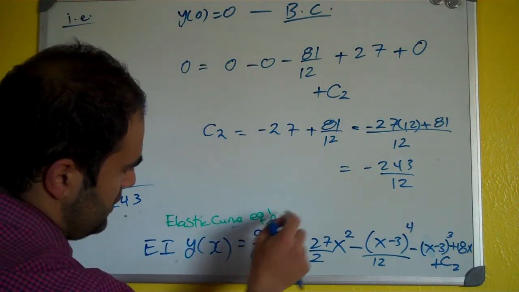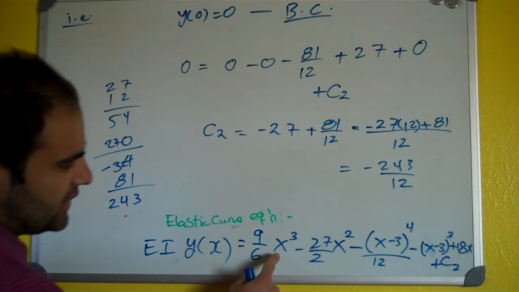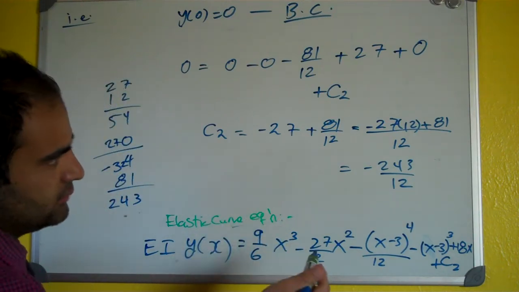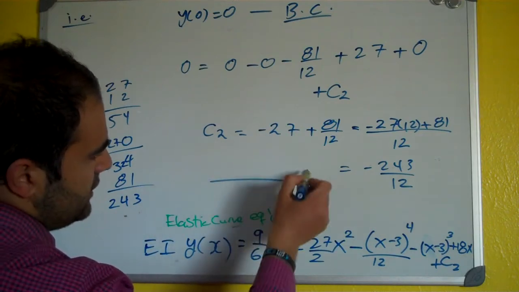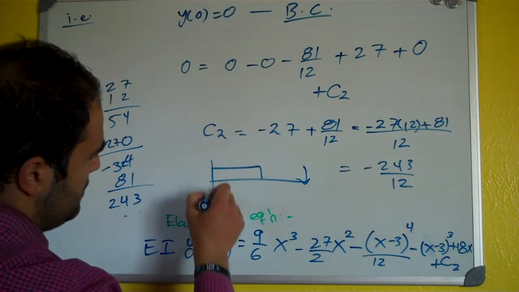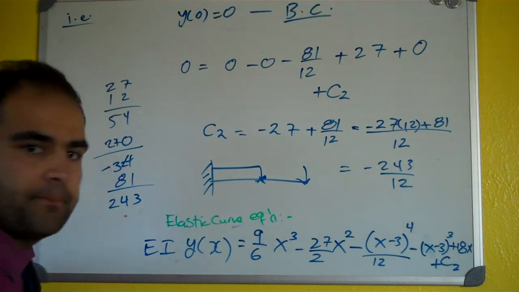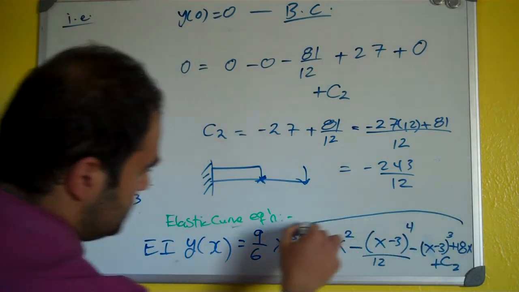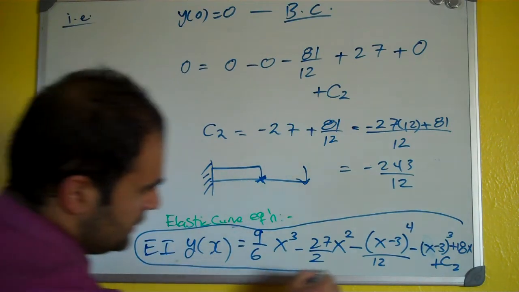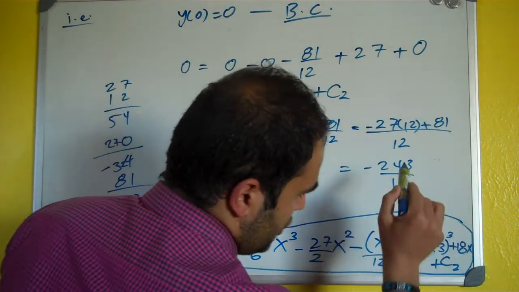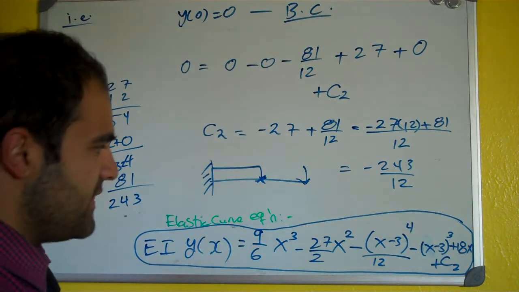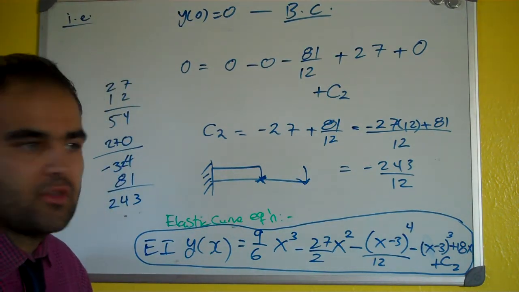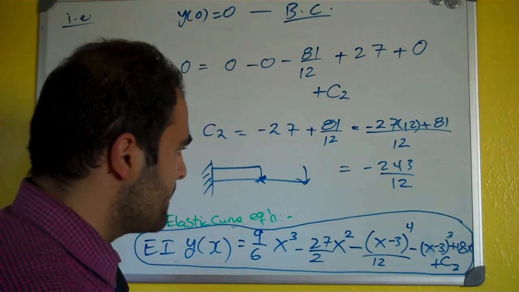And I don't think anybody wants to see how I'm going to plug 3 in this to get the deflection at that end. So this is the total or final elastic curve equation, and then you could plug any point to get the deflection at your point of interest.